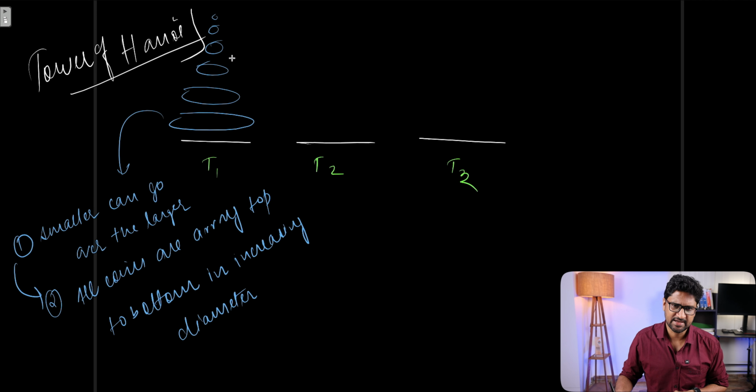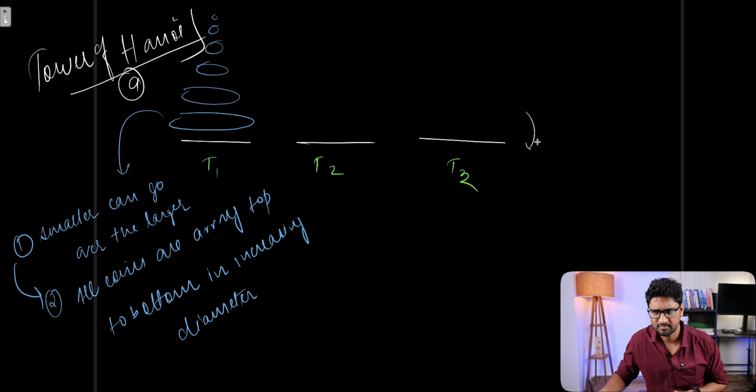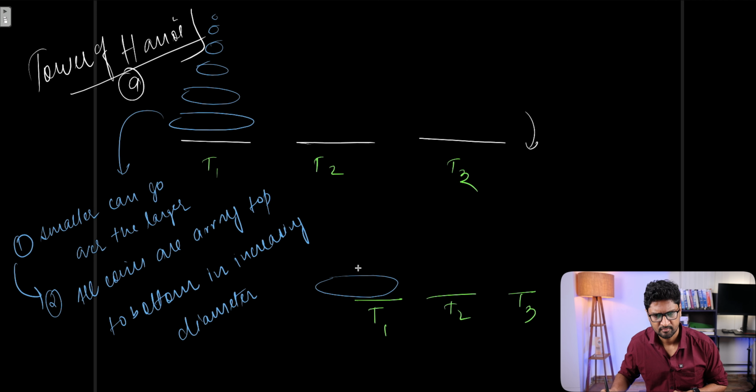This is the initial setup, that's number 1. Your ultimate goal is to move this setup like this. Finally, all your coins which are on T1 should actually move to T2.